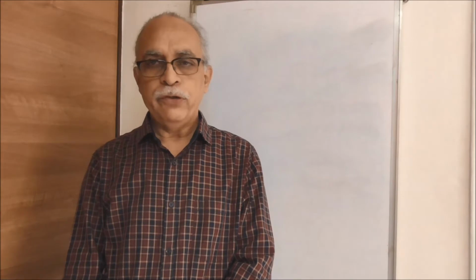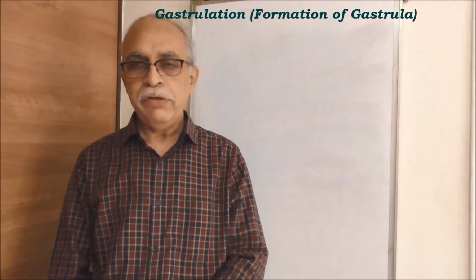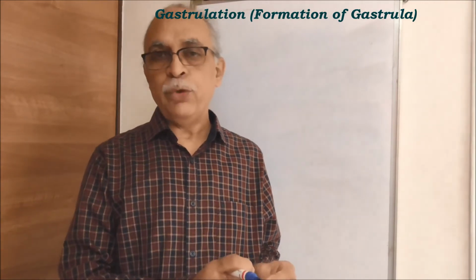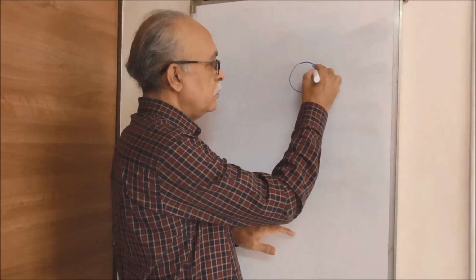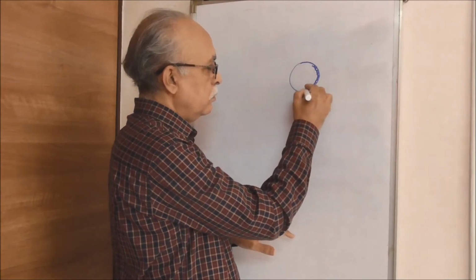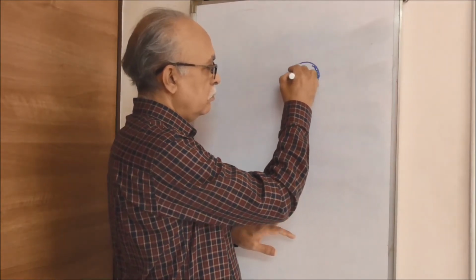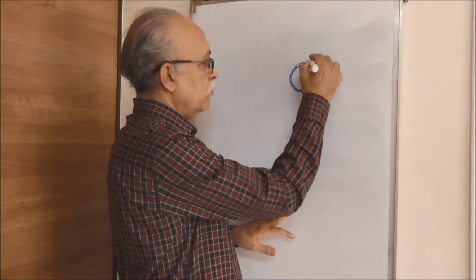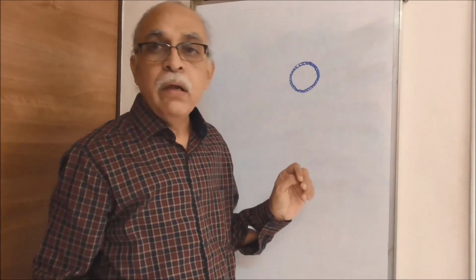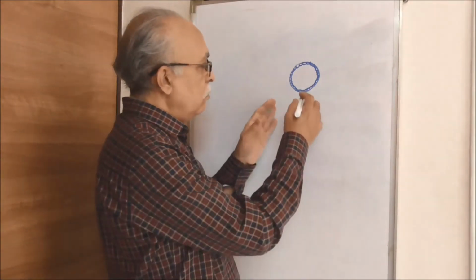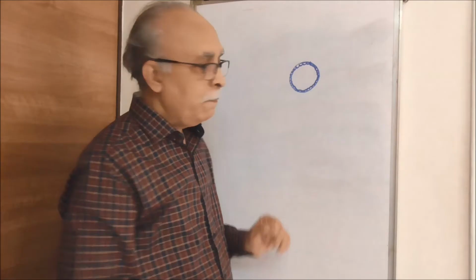I'm going to explain the process of gastrula formation in this session. As I mentioned in the earlier session, the blastula results into a stage called gastrula. See, in blastula, as we saw earlier, there's one single layer of cells enclosing a cavity called blastocele, and these cells will be blastomeres, or the layer would be called the blastoderm.